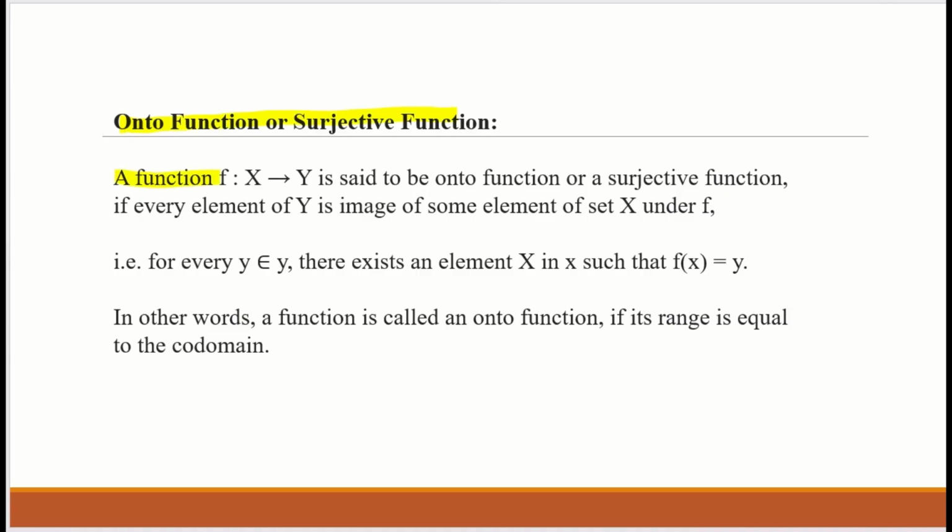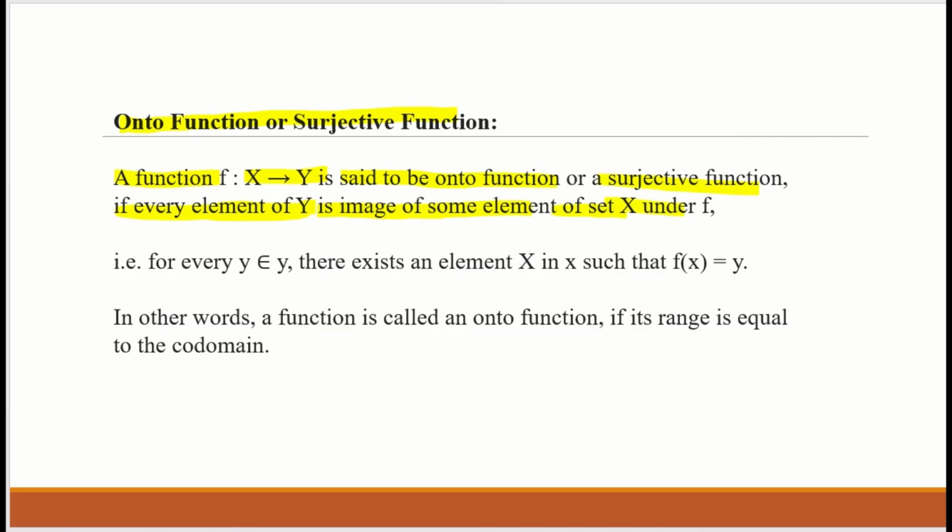A function f from x to y is said to be an onto function or surjective function if every element of y, every element of the codomain, is the image of some element of set x under f.